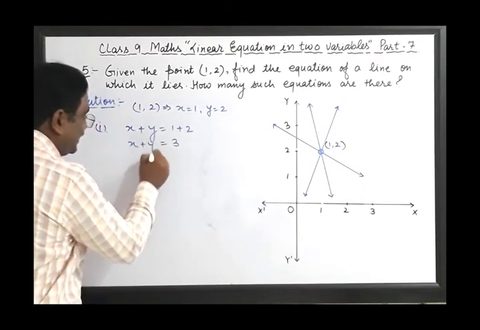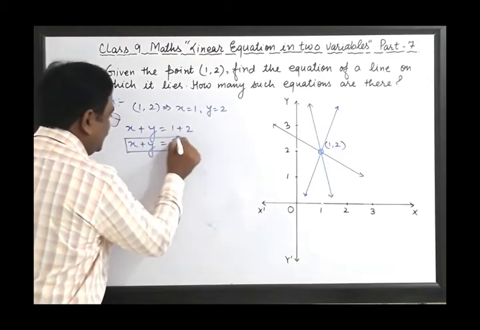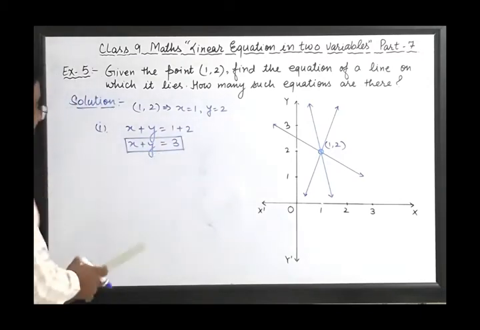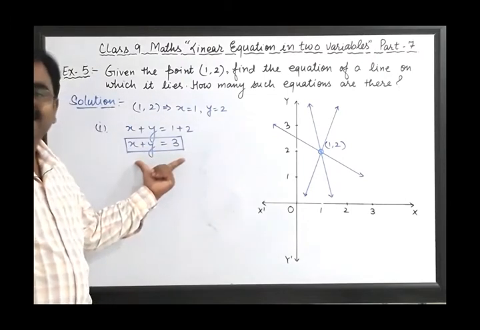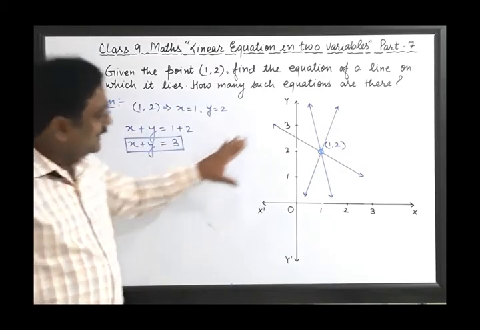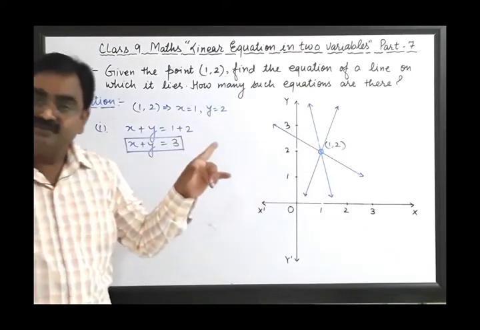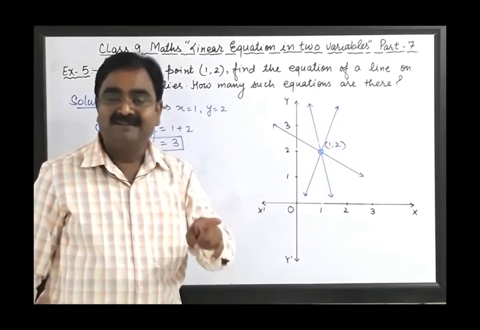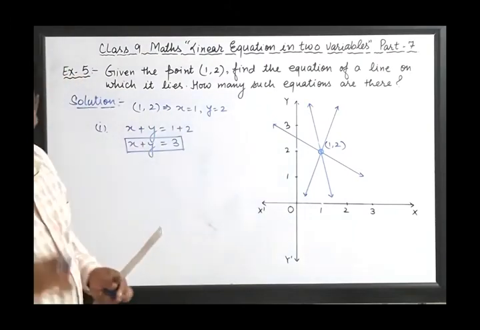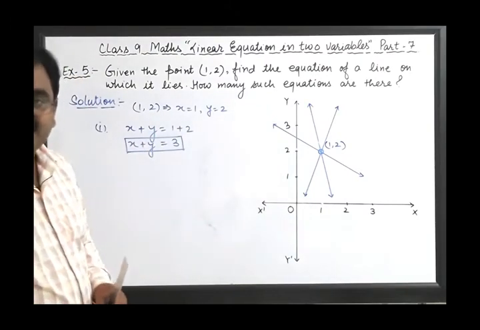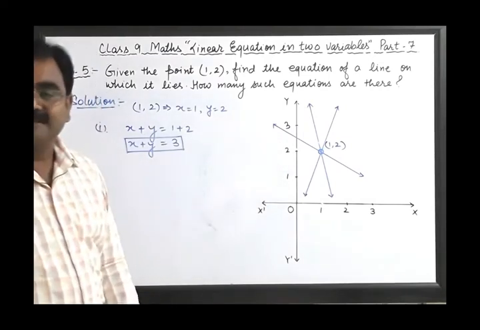So you got x plus y is equal to 3, which is your first equation. And this point (1, 2) is the solution of this equation, right? It means among all these lines, the equation of one line will be x plus y is equal to 3, right? This is the equation of the first line. Now we have explained that from this given point we can draw infinite lines.